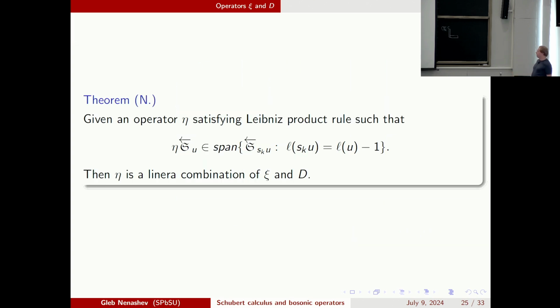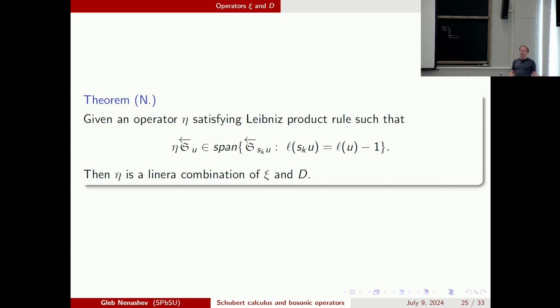Another thing is that there are no other operators except Xi and D with such a property. If we have an operator eta which sends a Schubert polynomial to a Schubert polynomial when we multiply by Sk on the left if the length is decreasing, and it satisfies the Leibniz rule, then eta is a linear combination of Xi and D. So it's what happens.